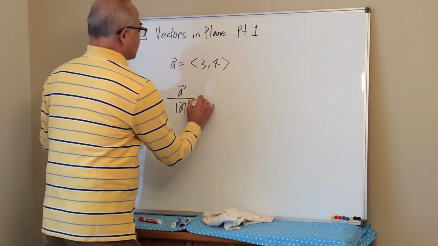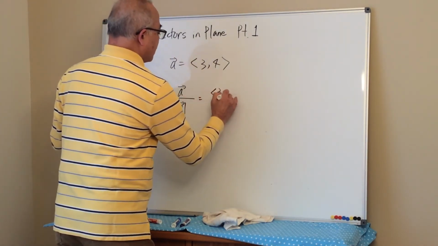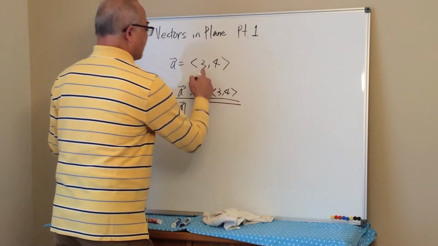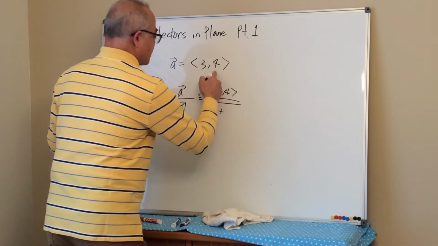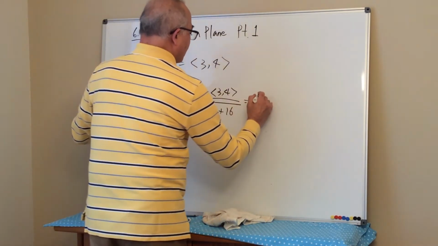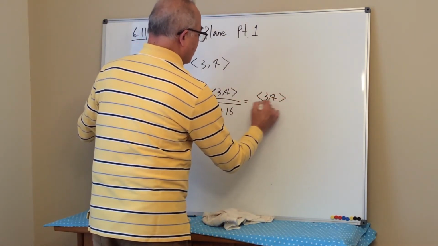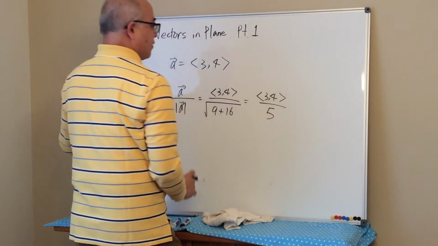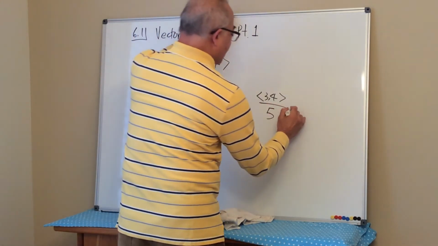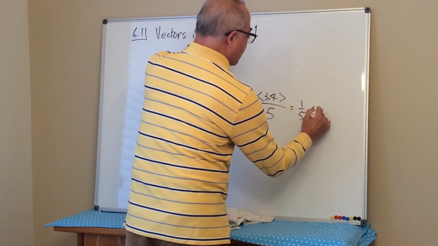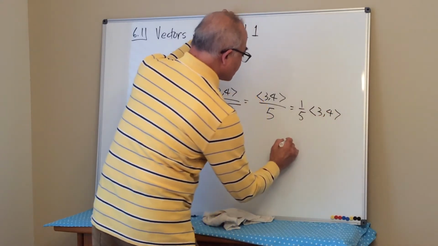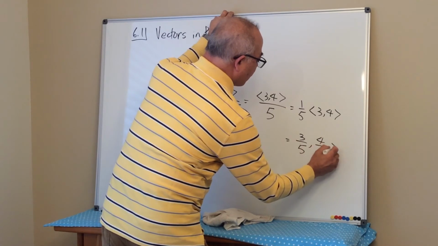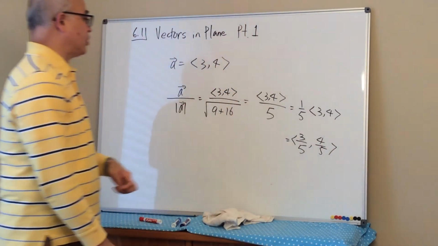The magnitude is the square root of 3 squared plus 4 squared, which is the square root of 25, which is 5. So this is the same as 1/5 times (3, 4). So I get (3/5, 4/5), and that is the unit vector.